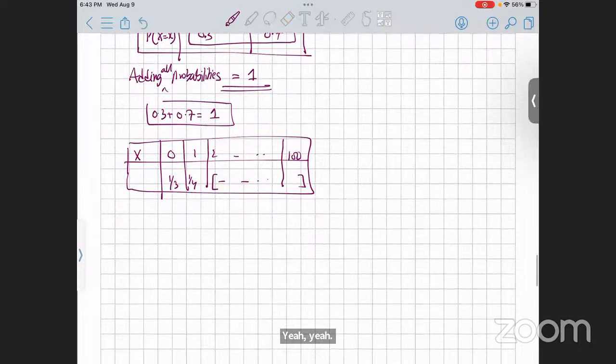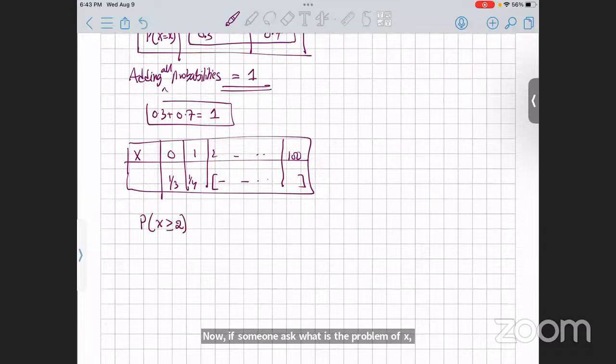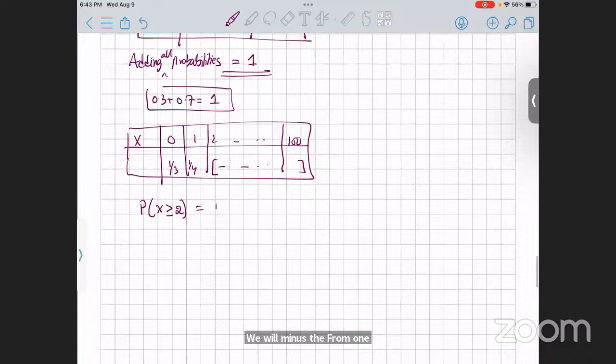Now, if someone asks what is the probability of x greater than or equal to 2, how will you find this? We will subtract from 1. So it is the sum of P of x equal to 2 plus P of x equal to 3 up to P of x equal to 100, agree?